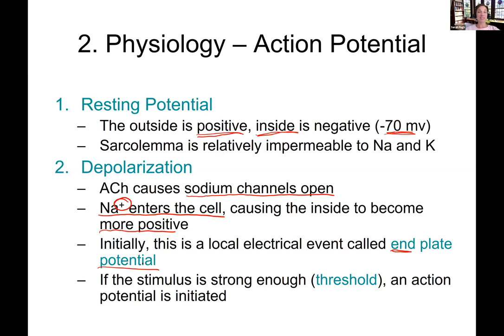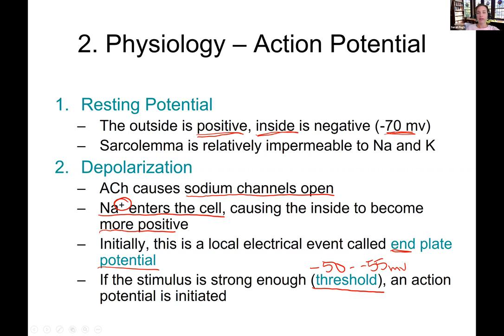But if the stimulus is strong enough, so if that impulse coming down a neuron is strong enough that you get a ton of sodium coming in, we'll hit something called threshold. And threshold, I'll give you a number for it, is negative 50 to negative 55 millivolts. This will then lead to an action potential, which we'll talk about next.